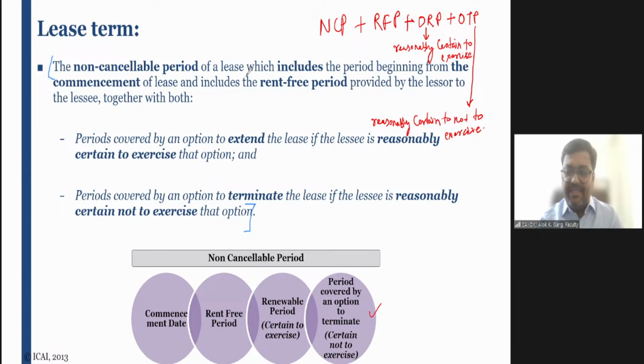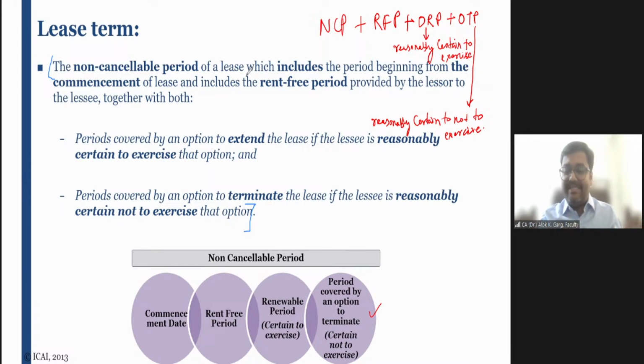So if I split this initial period, my first 6 months is a rent-free period, and the other 5 years is my non-cancelable period, right? So the total is 5.5 years, where 5 years is a non-cancelable period and 6 months is a rent-free period.